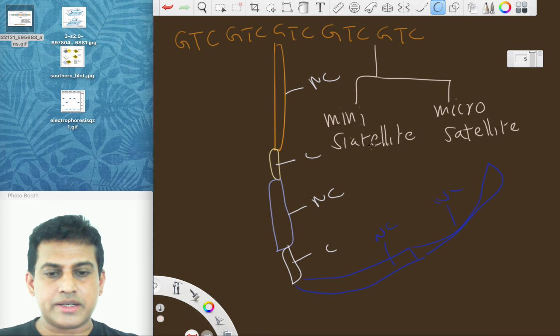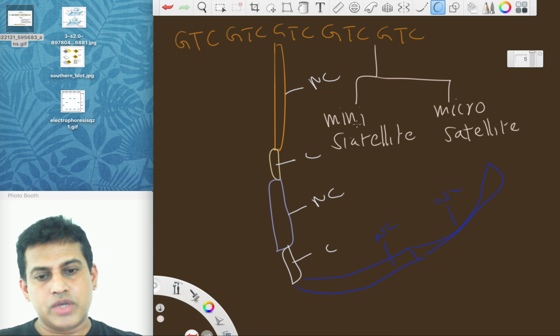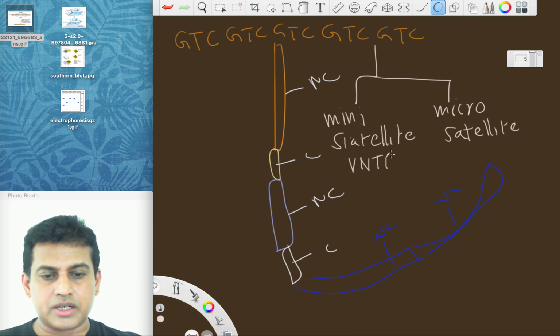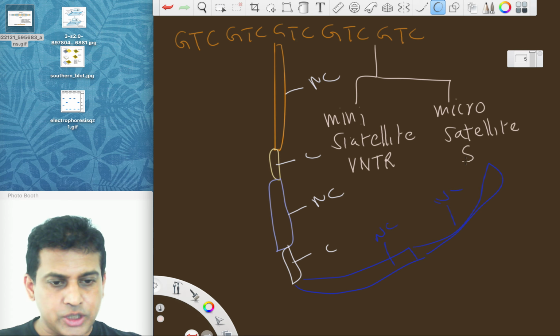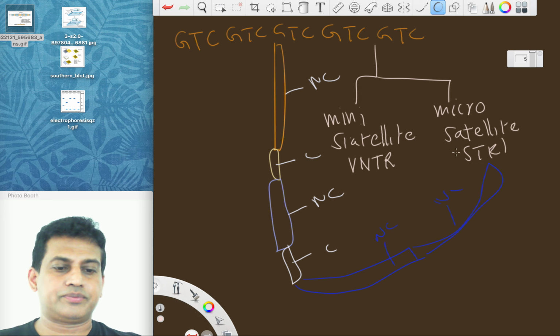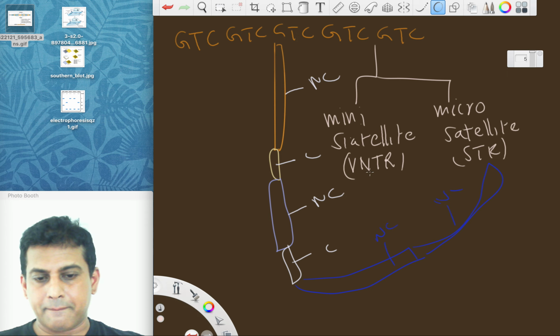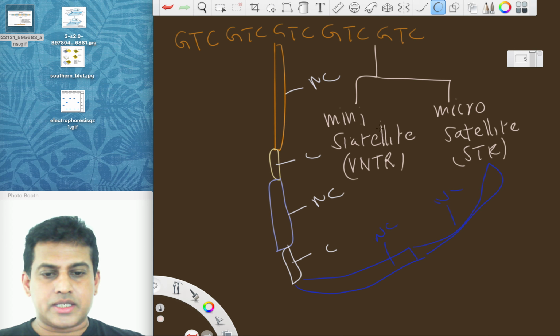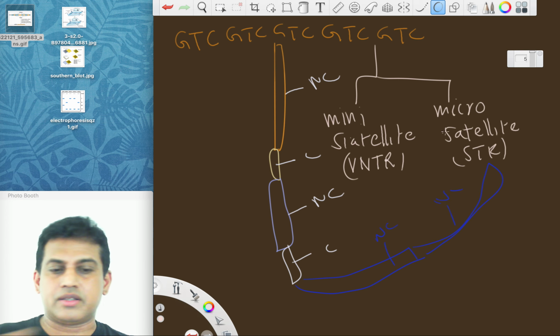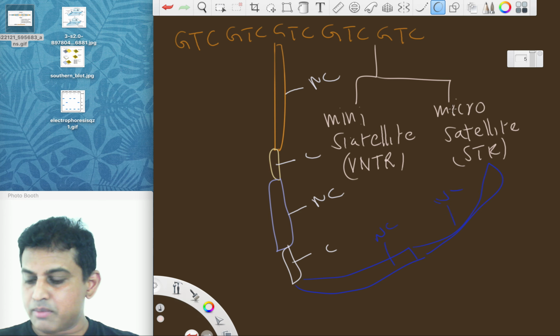So what are mini satellite and microsatellites? So we have another name for this one. Mini satellite is called variable number tandem repeats, and this one is a short tandem repeat. It's the same name, but just we have two different versions, like this way, mini satellite and microsatellite.